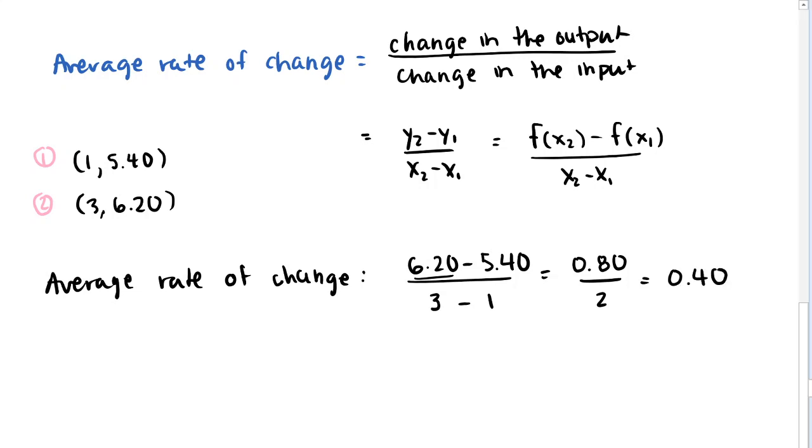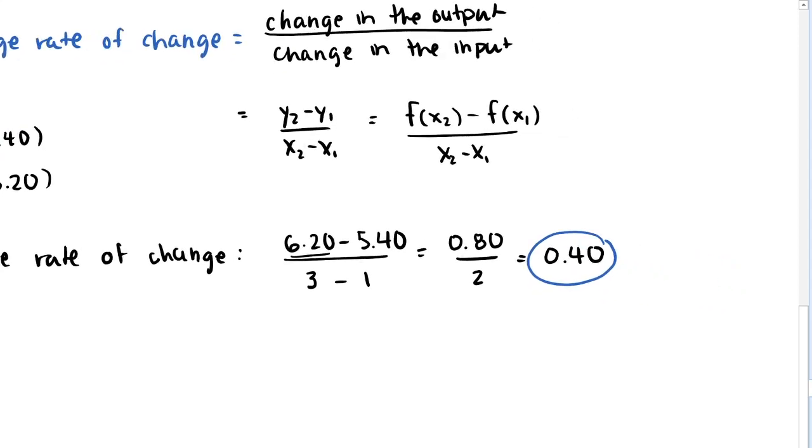So we see that same rate of change, 40 cents per pound. That's the same regardless of what 2 points I use. I'm going to get that 40 cents, or 0.40 dollars, the output, per pound, the input.